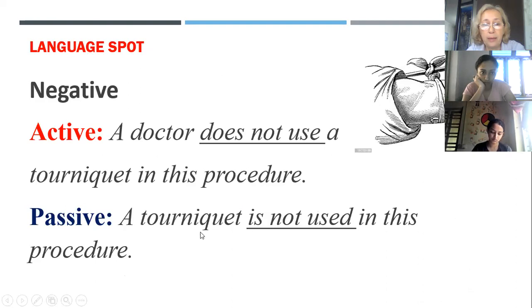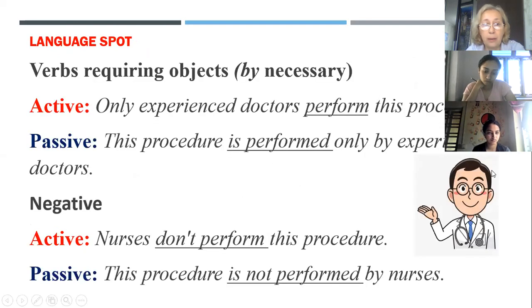And if we have a look at the next slide, here we have examples of negative sentences. Active voice: a doctor does not use a tourniquet in this procedure. Passive voice: a tourniquet is not used in this procedure. So is not used is a passive voice sentence. Well, and here there are more examples with the verbs that require objects, and we need to use by.